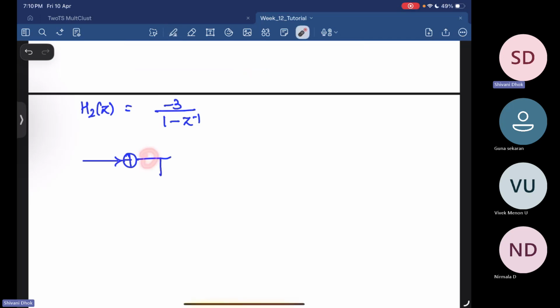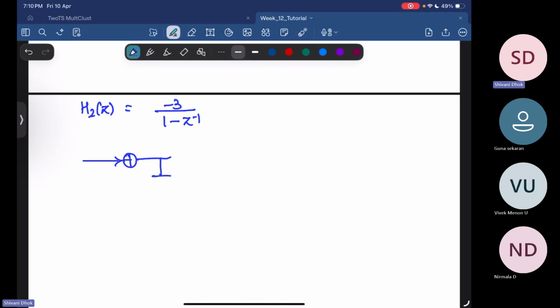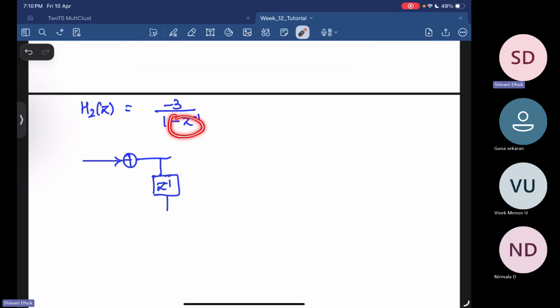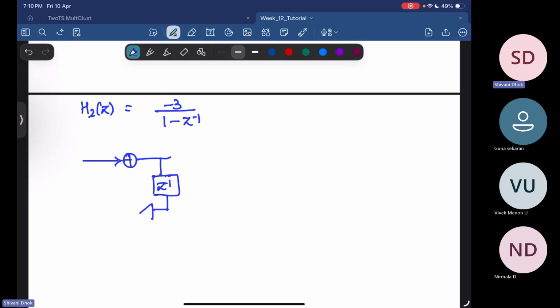So this 1 is as it is here. Then you get a delay, and then you multiply this again, the direct form 2 representation. You have minus 1, so that will become a plus 1 here. You will add it here, and your input is scaled by a factor of minus 3, so you will get a minus 3 block like this. So this is basically your H2.